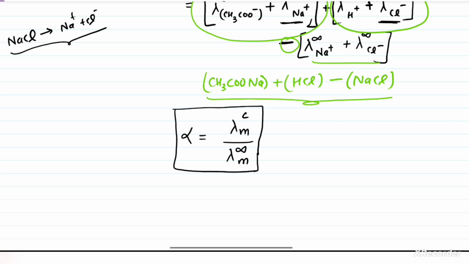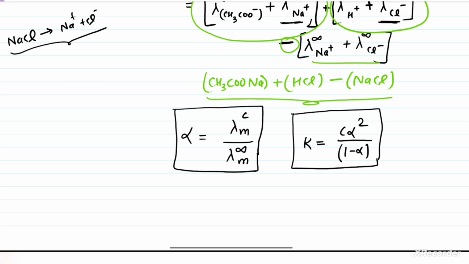The second relation that you should know is again from class 11 equilibrium. This is the equilibrium constant K, or dissociation constant K. So K relates to alpha as Cα² upon 1 minus α. So these two relations are important to solve any numerical.